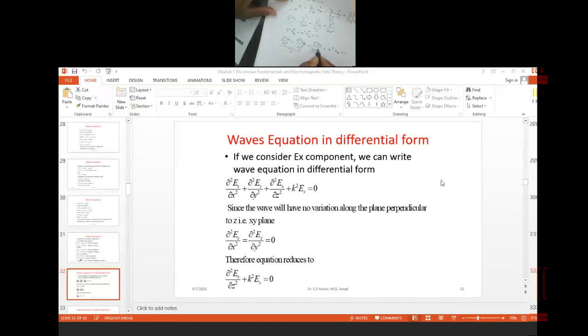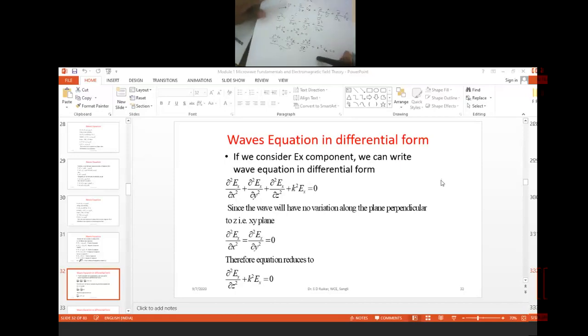This is the term that remains because the electric field vector Ex is varying with the Z direction. Why is it varying with the Z direction? Earlier we said that the wave is propagating; it has an X component of electric field and the magnetic field is the Hy component.